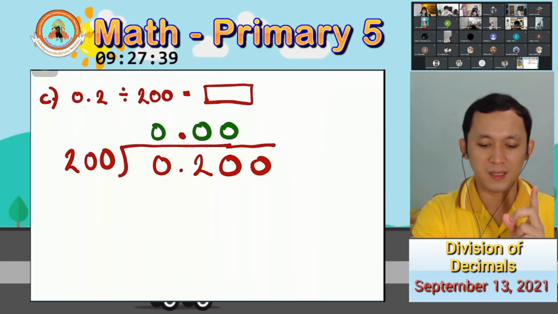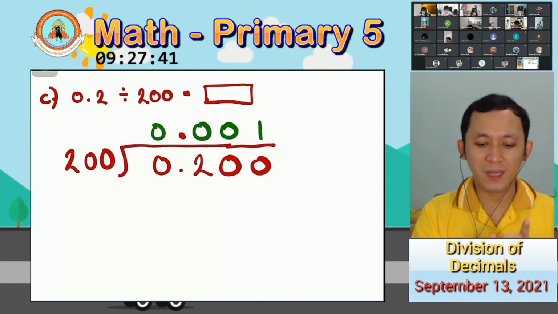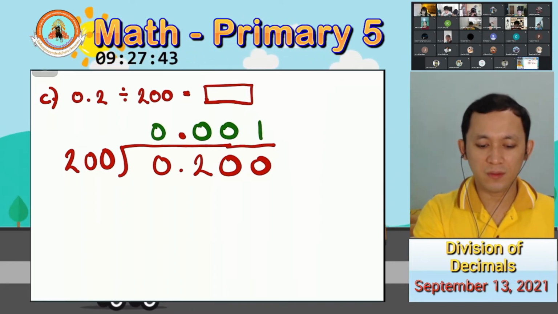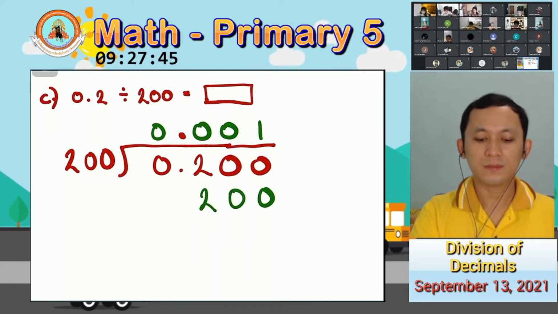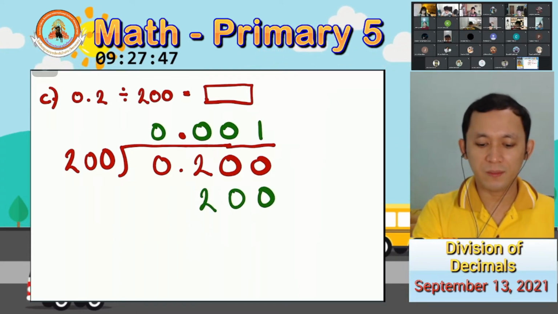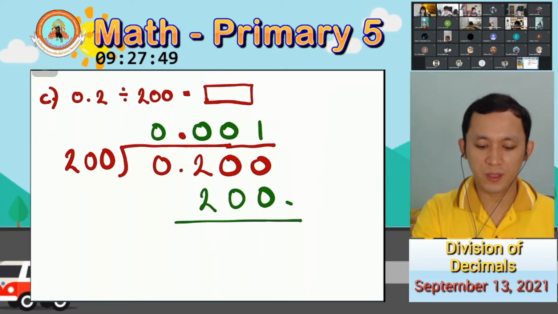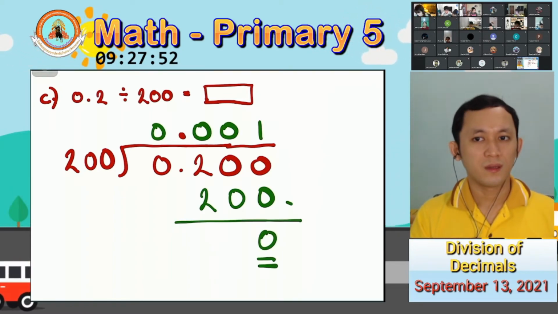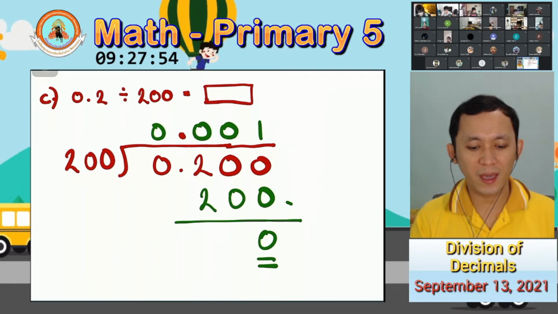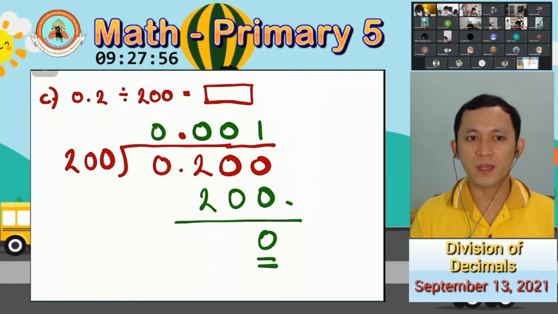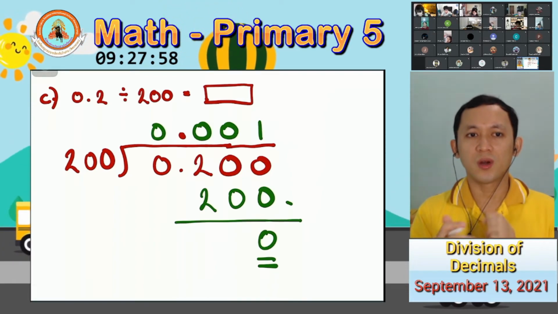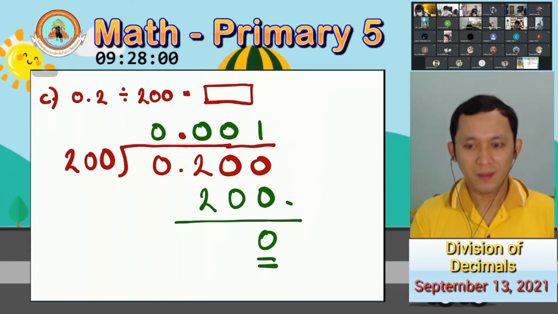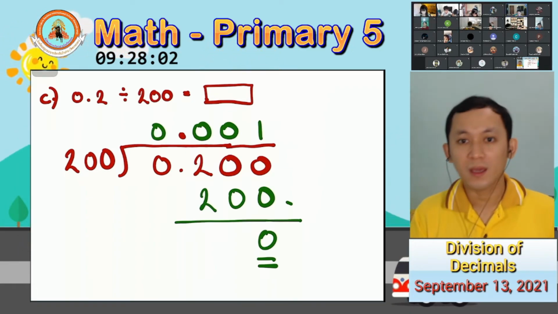Of course, that is 1. 1 times 200, we have 200. 200 minus 200, we have, of course, 0. So what is our answer? We have 0.0001. Okay. Any question?